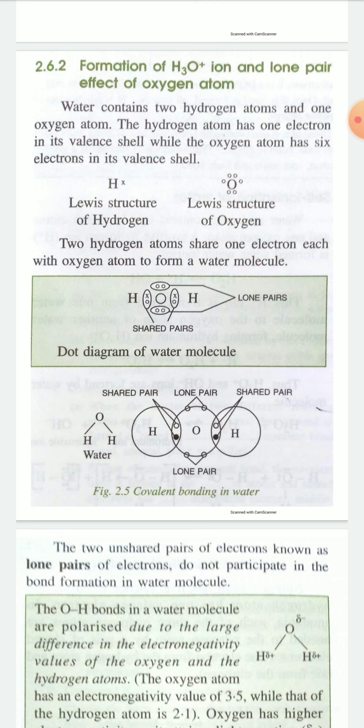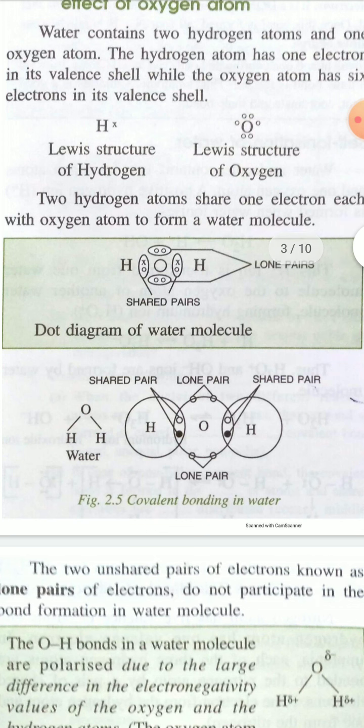So you can see here in the box, it is the molecular formula of the water molecule. From this figure or diagram you can see that there are two shared pairs of electrons between oxygen and the two hydrogens, and beside these two shared pairs of electrons there are two more lone pairs of electrons on the oxygen atom in water.